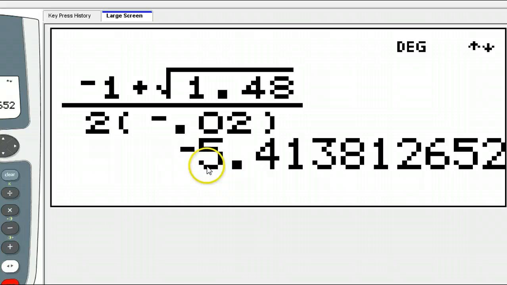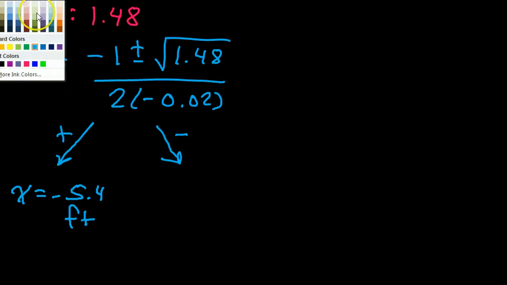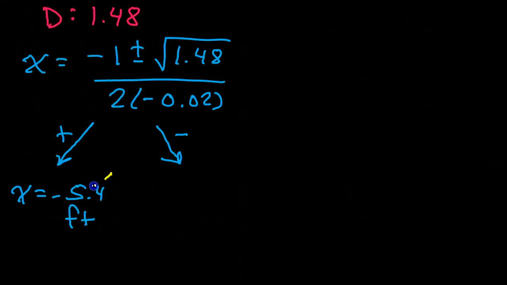That gives us a horizontal distance of negative 5.4 feet. But you can't have a negative distance. We're not throwing it backwards. So that value doesn't make any sense. So it'll be the other one.